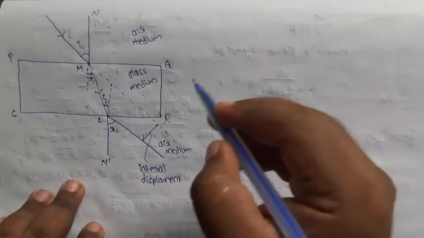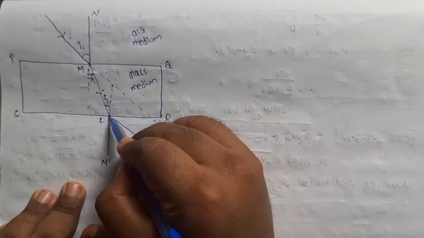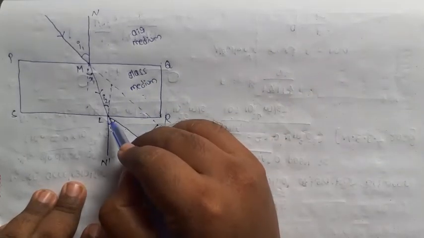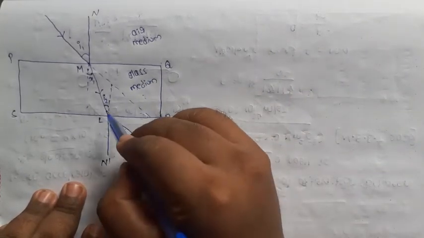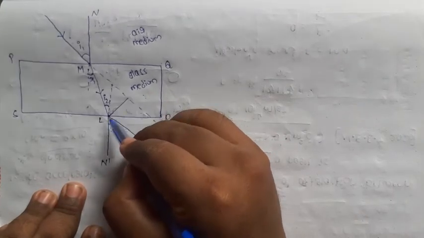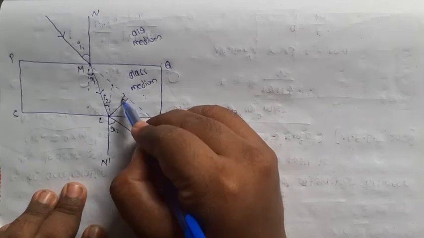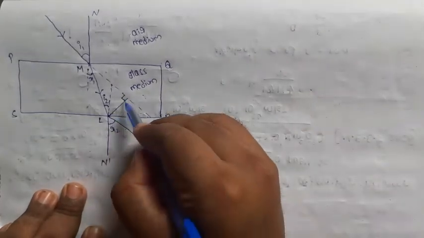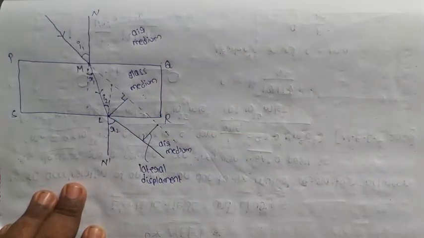Lateral displacement is, I am going to draw a perpendicular line at point L. This is the perpendicular line at point L. This line gives the lateral displacement.